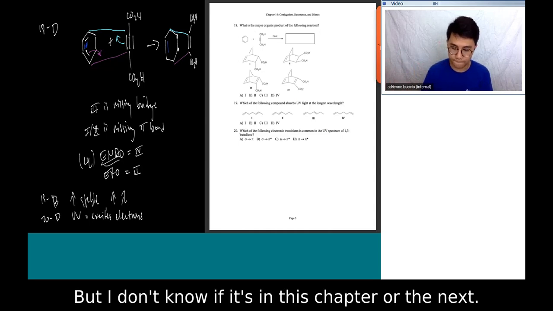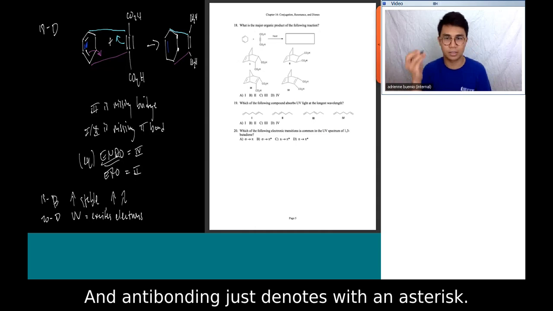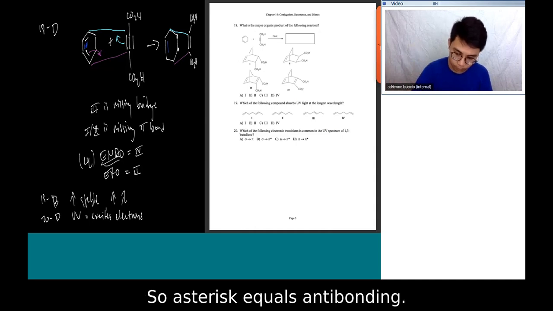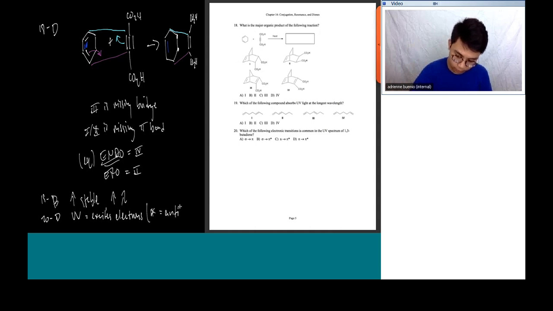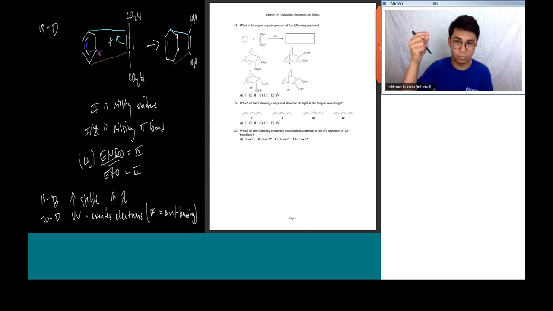I don't know if it's in this chapter or the next, but anti-bonding is pretty much the excited state of something, and anti-bonding is denoted with an asterisk. So asterisk equals anti-bonding. A completely jumps up a level, right?